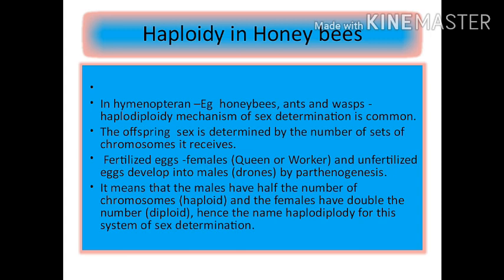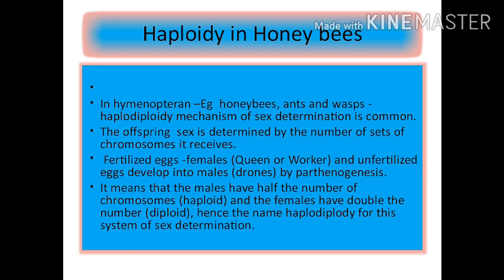So the sex of the offspring is determined by the number of sets of chromosomes it receives. A fertilized egg develops into female, that is queen or worker, and an unfertilized egg develops into male drones.